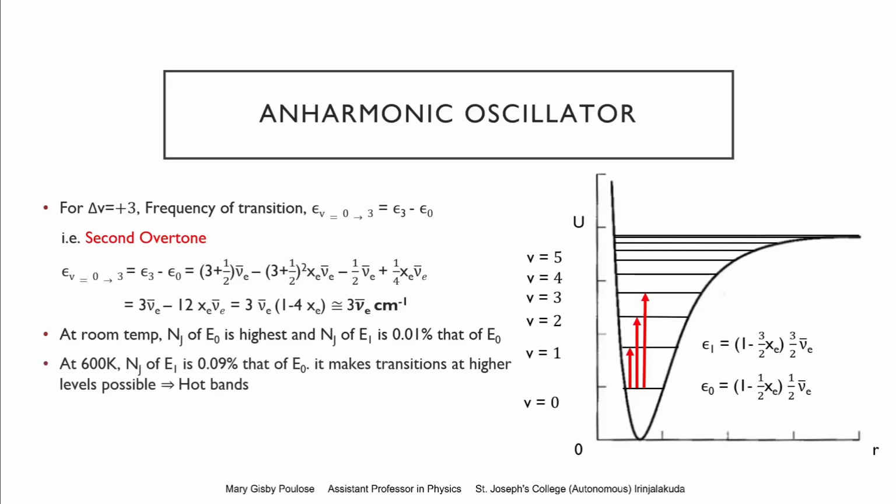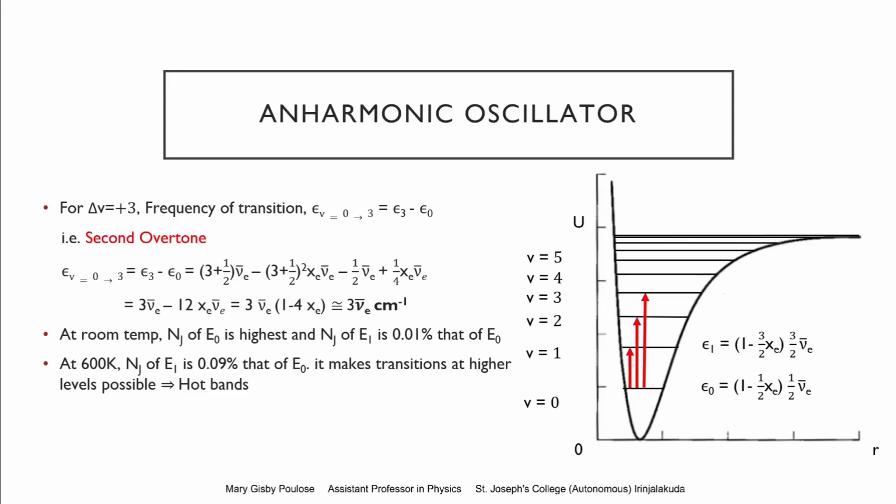The number of molecules in the higher states will become more. That is, the population Nj of E1 becomes 0.09 percentage that of E naught. It is almost equal to 0.1 percentage of E naught. Now this makes transitions at higher levels possible, and these transition lines in the spectrum are called hot bands.